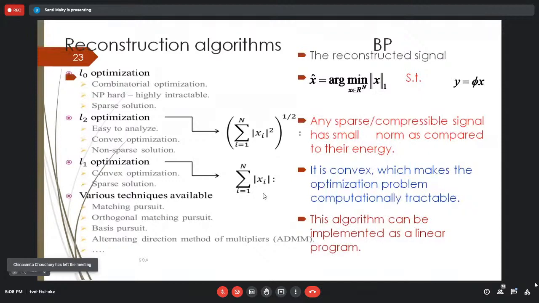It's a combinatorial problem. It's NP-hard. But if you could do so, it could provide us the sparse solution. I have written here parse, but actually it is sparse solution. It is difficult to achieve.